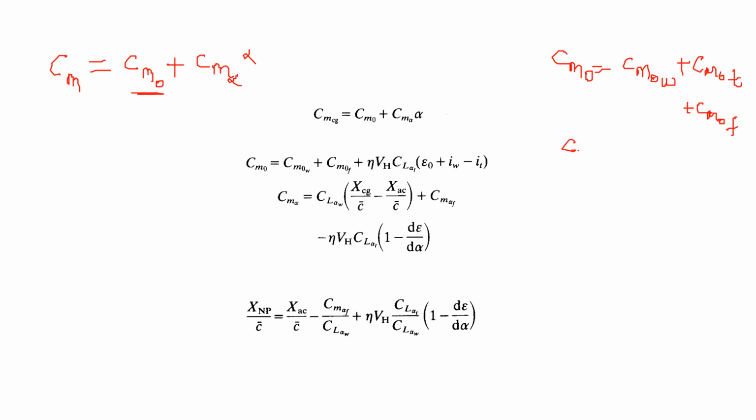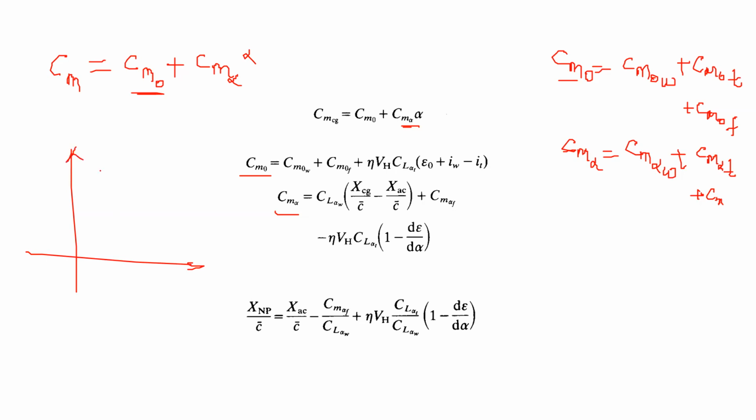Then what you do, you derive components: CM alpha from the wing, CM alpha from the tail, and from the fuselage. You just combine all of them. You arrive at this expression for CM naught and CM alpha. Now the idea is, an aircraft is called stable when you change the angle of attack, but it goes back to the original angle at which it was trimmed.